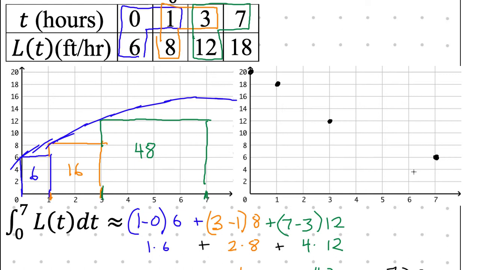Let's say we had those values, and again, I'm doing a left Riemann sum. So left Riemann sum means I'm using the leftmost point and going out to the right. Left point, go out to the right. Left point, go out to the right.